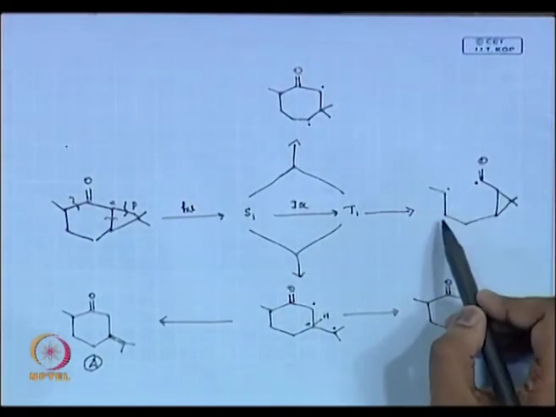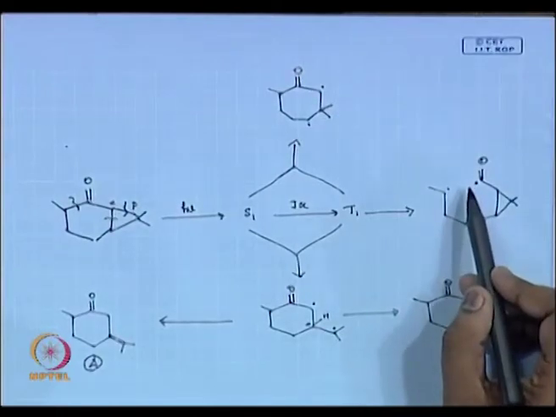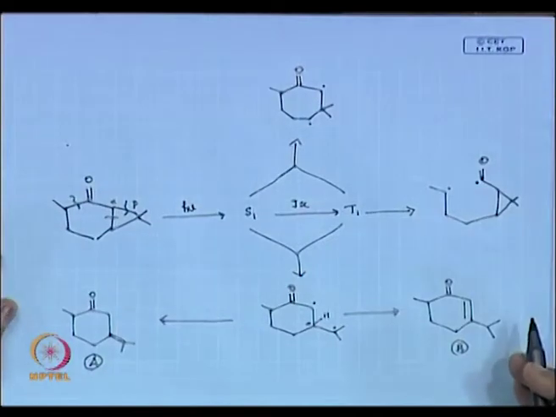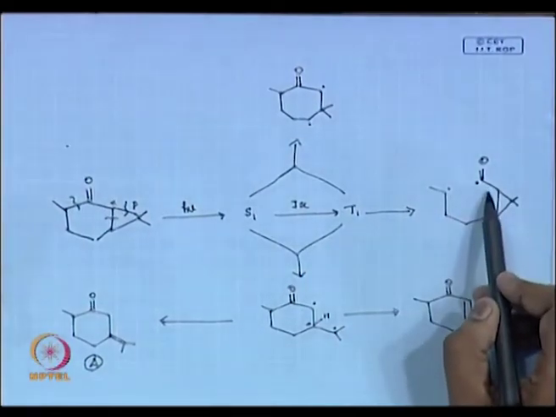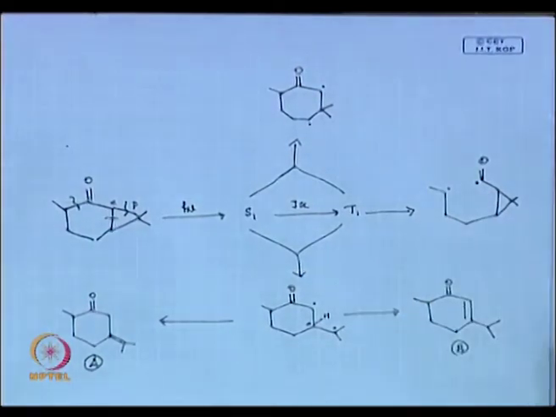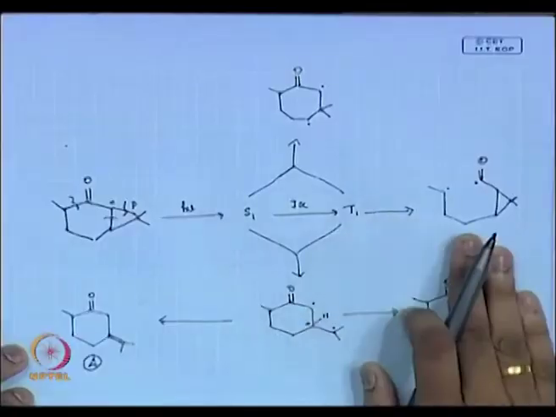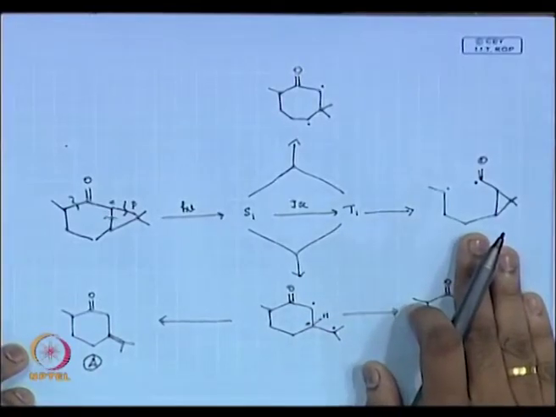It can abstract a hydrogen to give me an aldehyde, right. That is what we studied in the alpha cleavage reaction. Then you can say it can decarboxylate, all this process can happen, but you should know that yes, this also undergoes an alpha cleavage reaction.